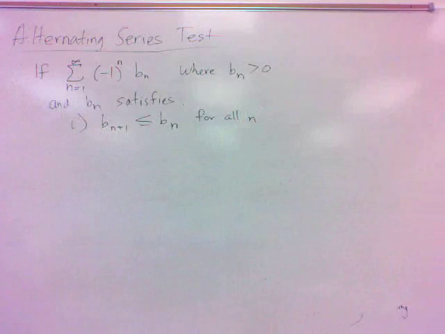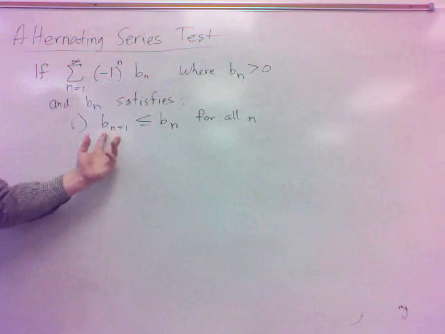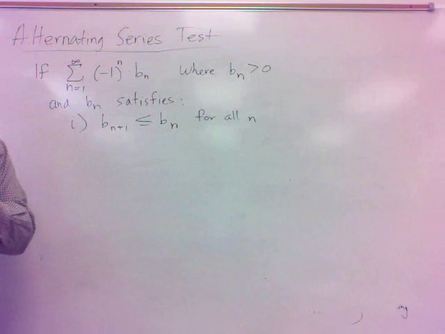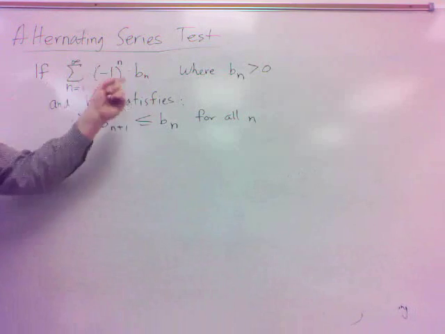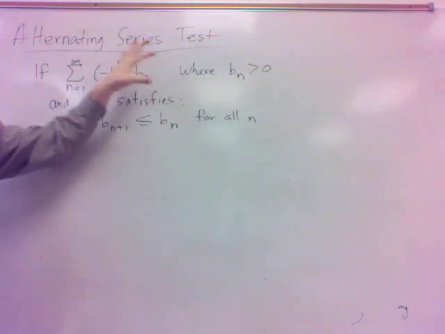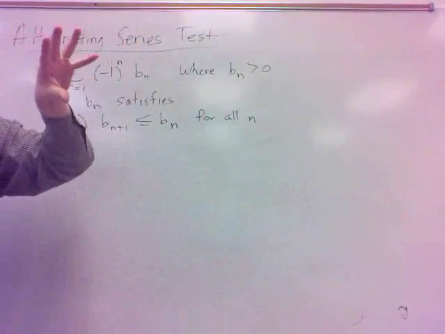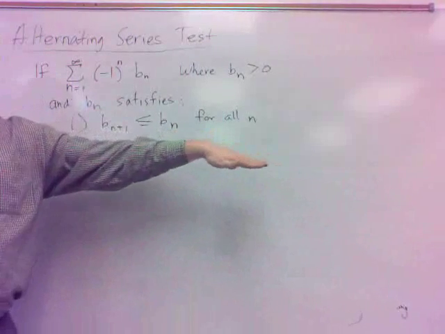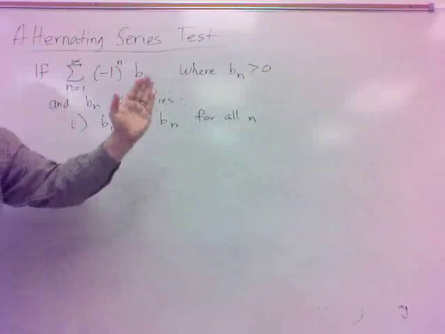What does that mean to you? Well, this is saying the b sub n plus 1 is less than or equal to the b sub n's. What does that say? Well, without the alternating sign part of it, the b sub n's are decreasing, right? This part of it is decreasing.